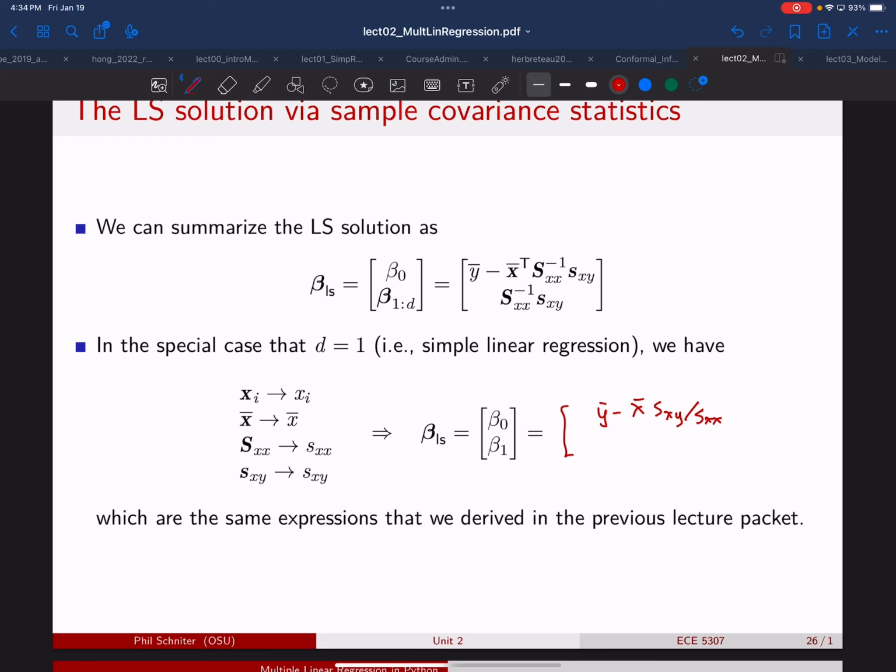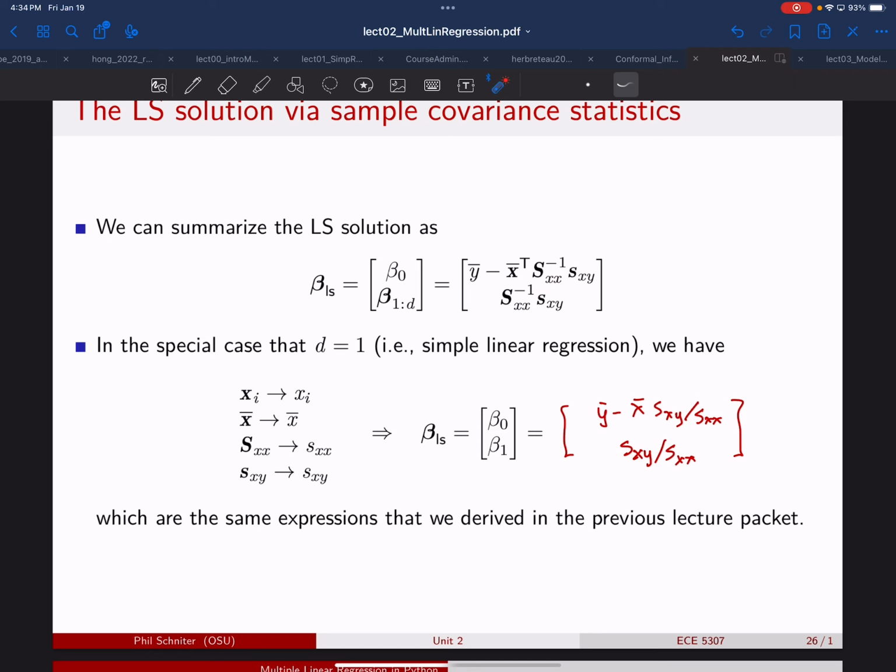Those are all scalars. And then beta 1 was sxy divided by sxx. Okay, so you can see that there is a pretty strong correspondence there.